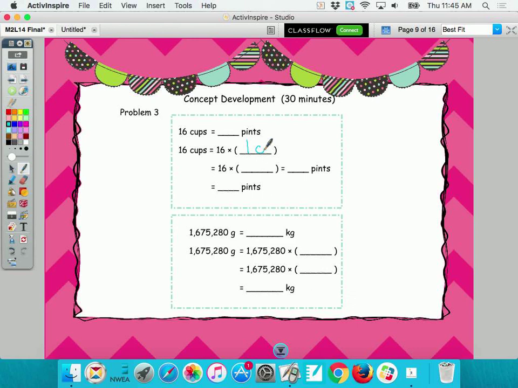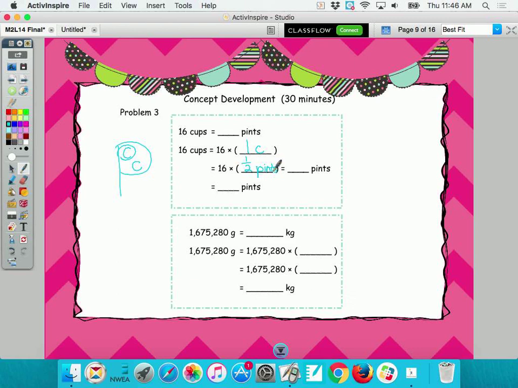I put this one differently so that you'll be able to apply the 4 equal signs to a different order, okay? But I still have 1, 2, 3, 4. Okay, so I've got to figure out how many pints. 1 cup is equal to how many pints? Well, let's see. If I have 1 cup, it's 1/2 or 1 out of 2. So I'm going to write 1/2 pints.